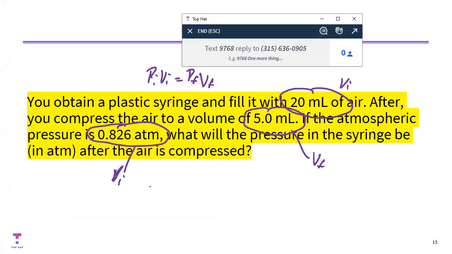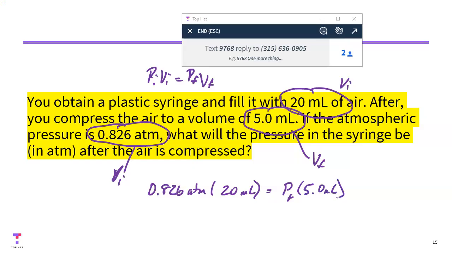So 0.826 atmospheres times 20 milliliters is equal to PF times 5 milliliters.